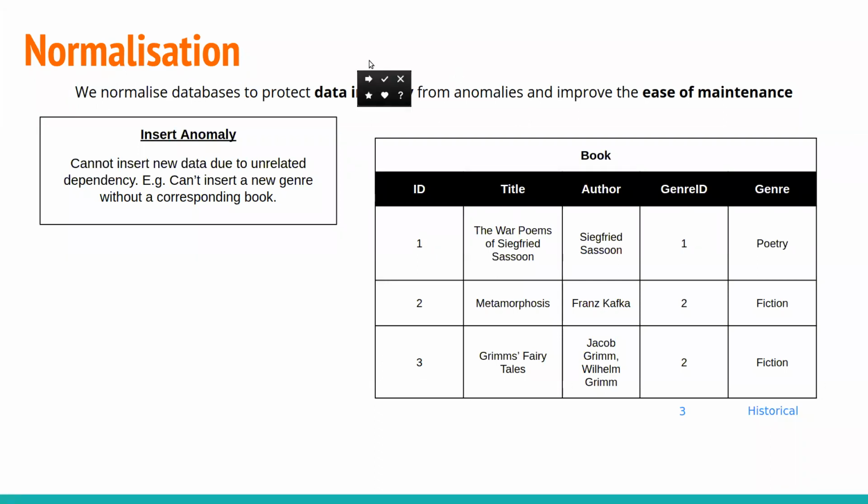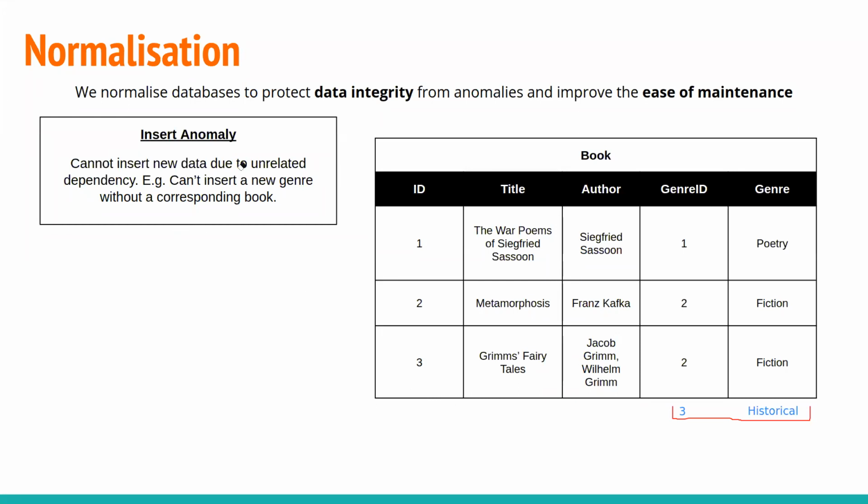The problem we're running into here is if you want to add a new genre to the database, you have to have a book of that genre, right? If I don't have any historical books, the historical genre cannot exist in this database because you need a title, you need an author, and you need an ID for a book.